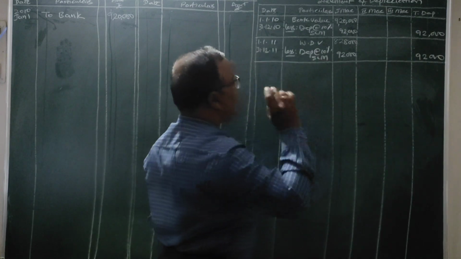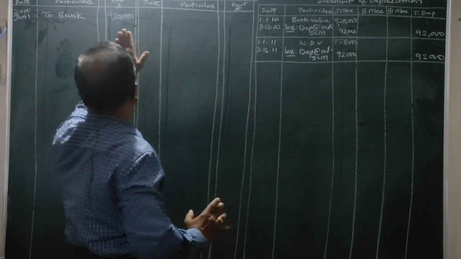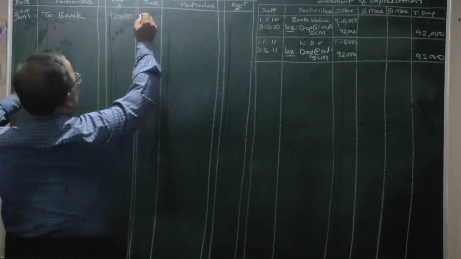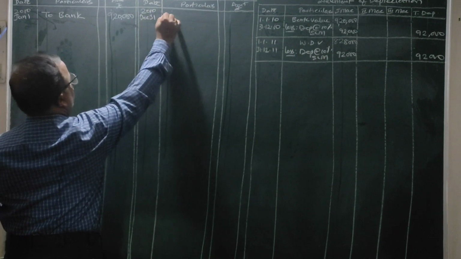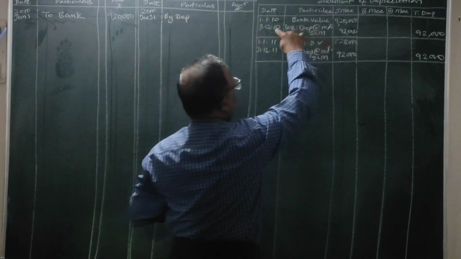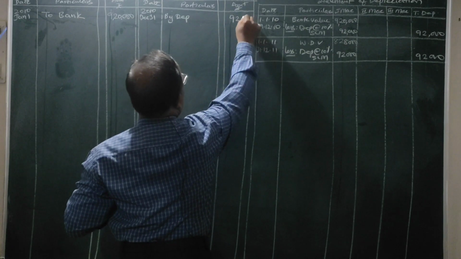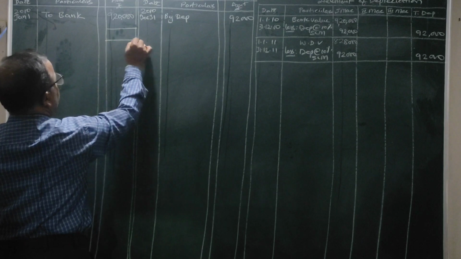Okay. Now observe here. Before going into that, here also let's close the account for the first year. On 31st December, we should provide depreciation. So 2010, December 31st, you will write it as by depreciation. How much depreciation have we provided this year? 92,000. The year is completed. So we are balancing this one.